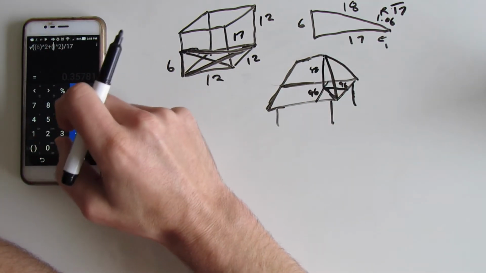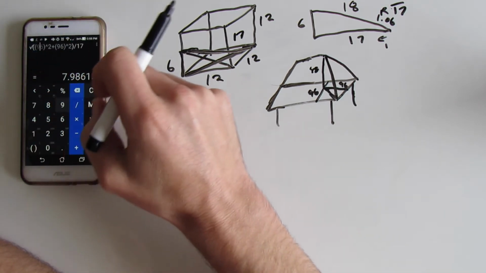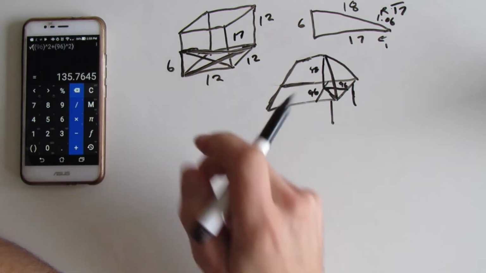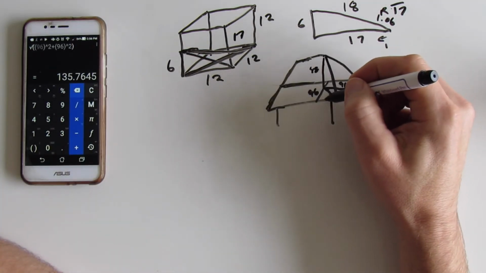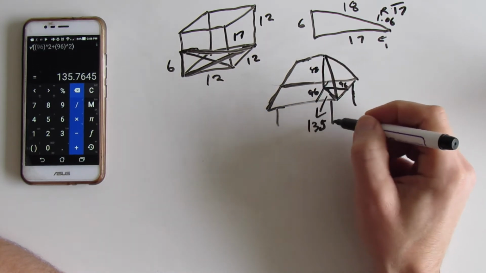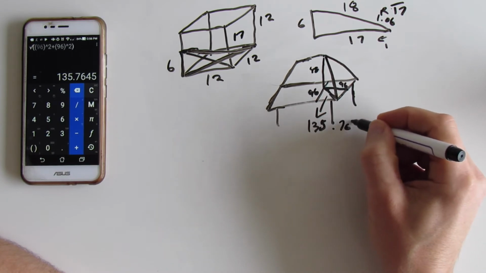This isn't how you would normally do it, but you can figure that out. The length of this dimension here would be 135 and 3/4 or so, 7/16.